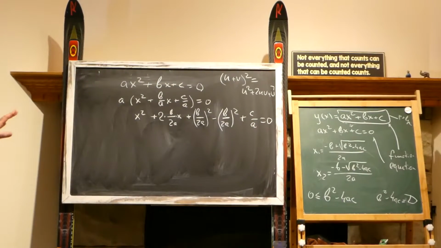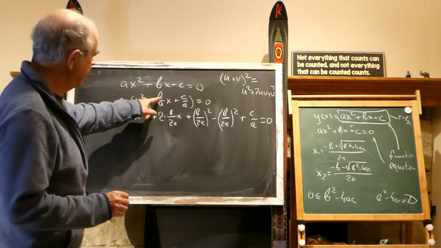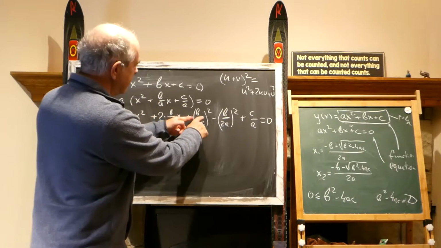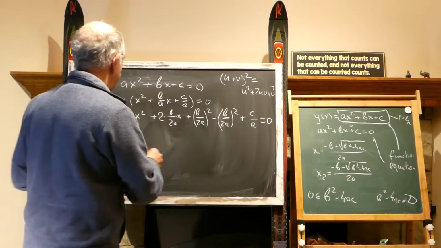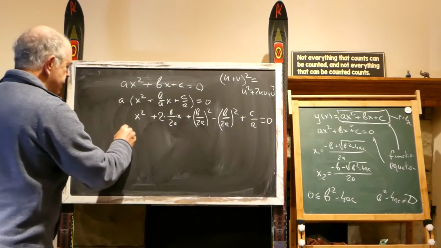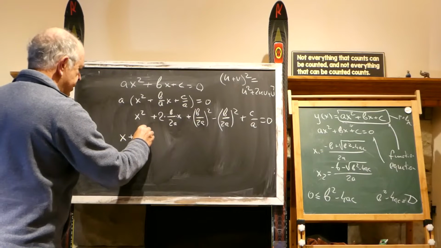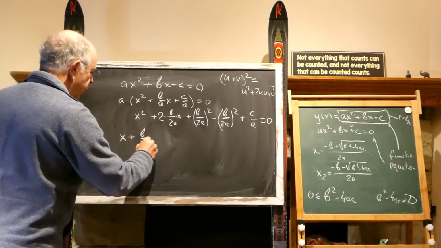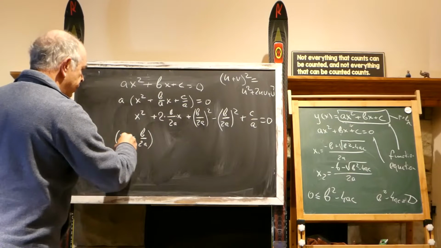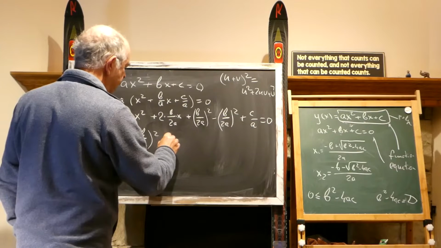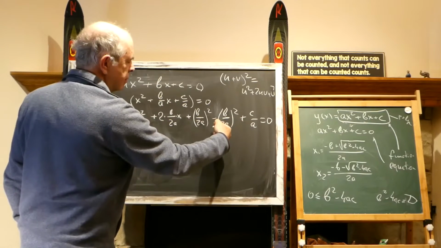So I did nothing illegal. I just presented this like that. I take this squared, add it and subtract. And if I do this, I immediately say that this is x plus b over 2a squared, those three things.